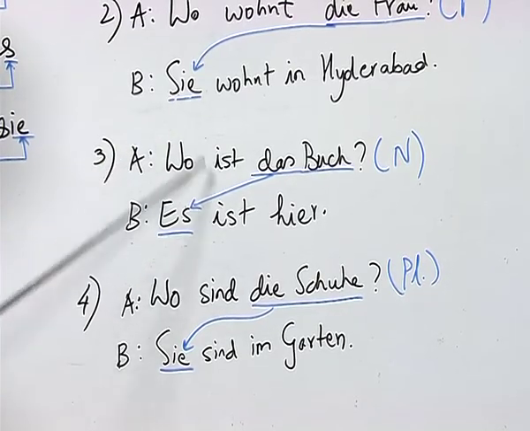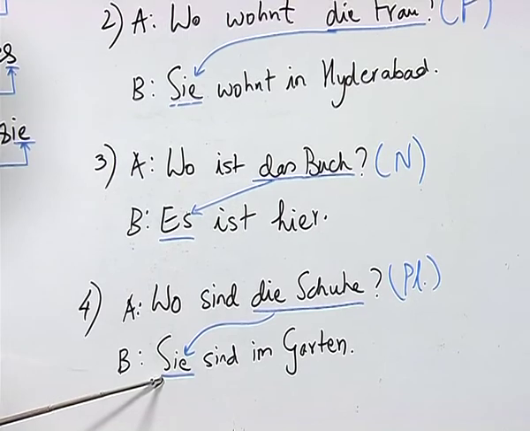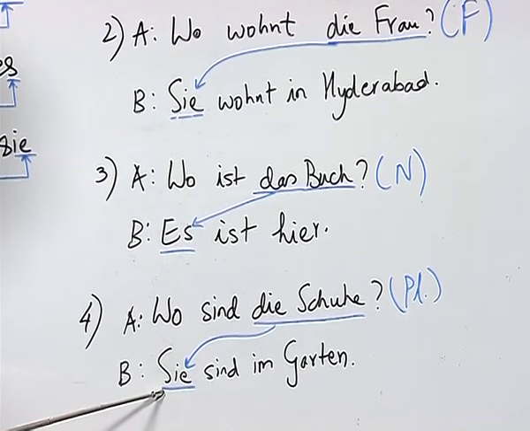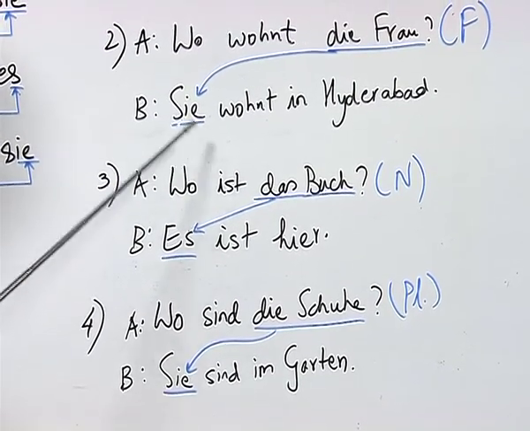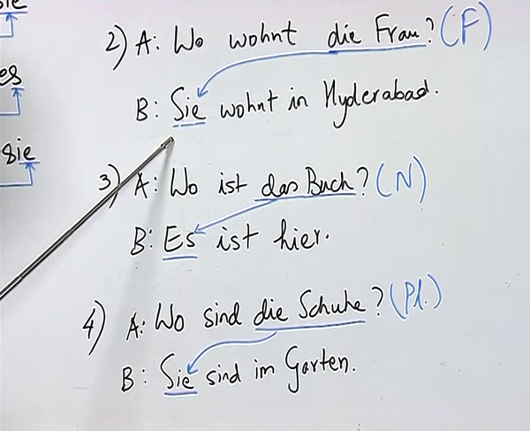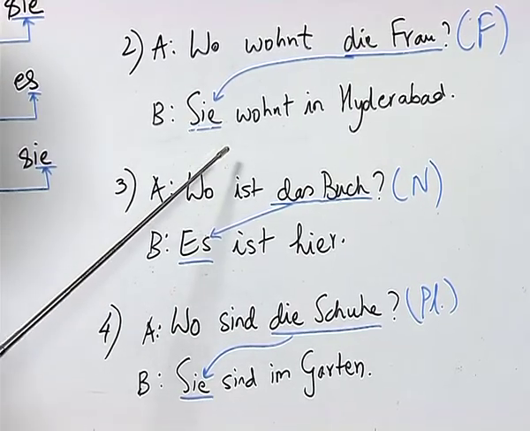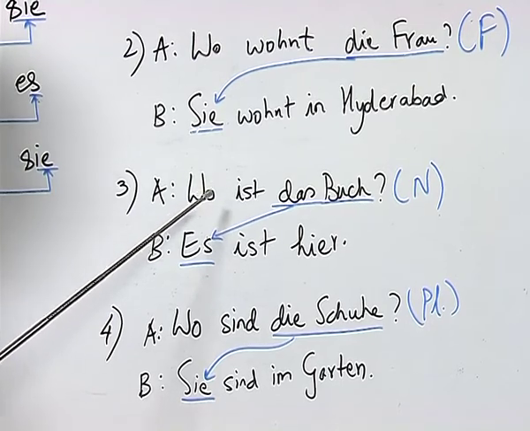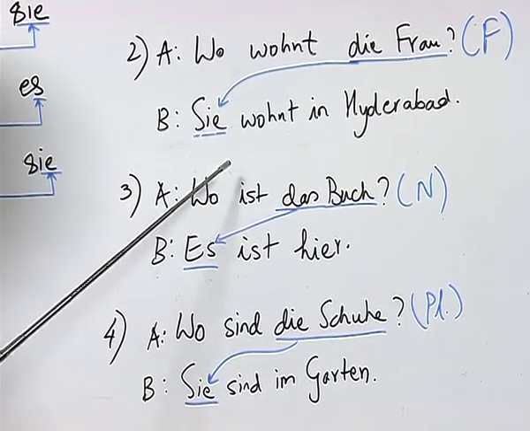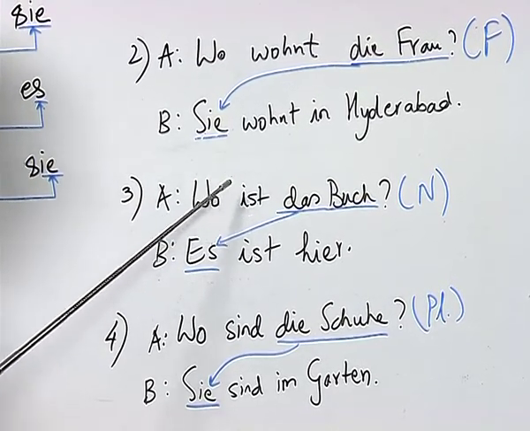However, the S in both, as you can see, is written in capital letter, because we are beginning the sentence here. Otherwise, please remember the sie in third person singular and the sie in third person plural are always small. Only the Sie in the second person singular and plural is written with the S in capital.